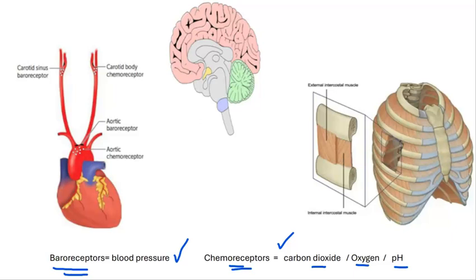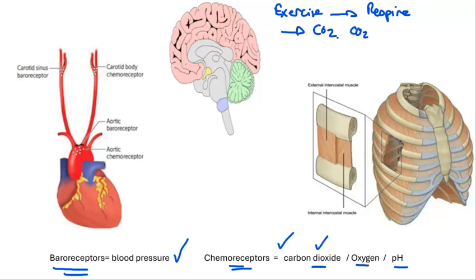So if we could just take a moment to think about our chemoreceptors. If the body is involved in exercise, this would lead to increased levels of respiration, aerobic respiration, and the consequence of that would be an increased production of carbon dioxide, which through its solubility in blood would give us an increase in the carbon dioxide levels.